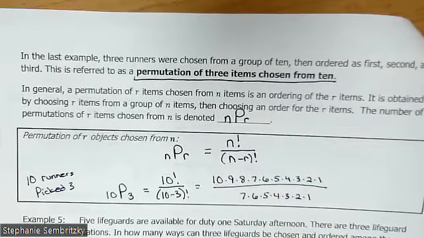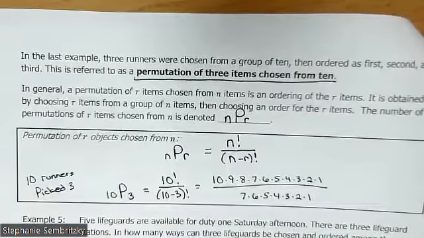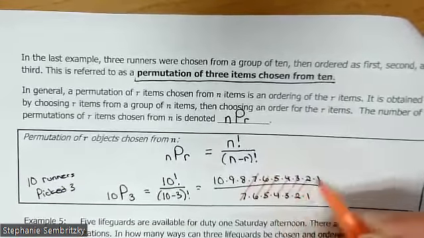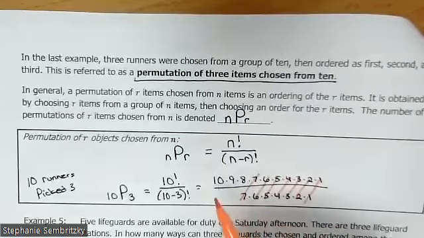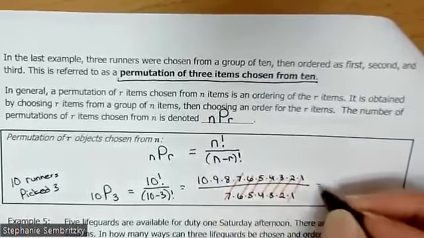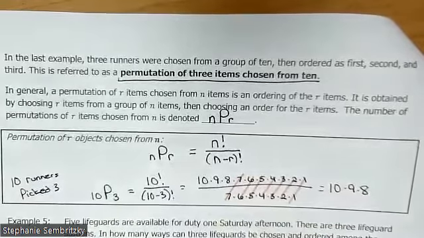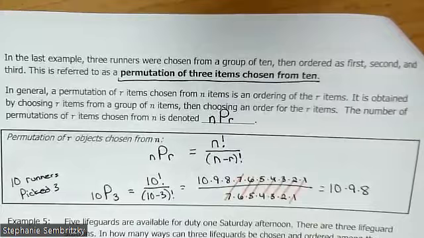Some things cancel out. What cancels out? 7, 6, all the way down. So I'm just left with 10 times 9 times 8. For this one, the formula is more work than if you just think logically.